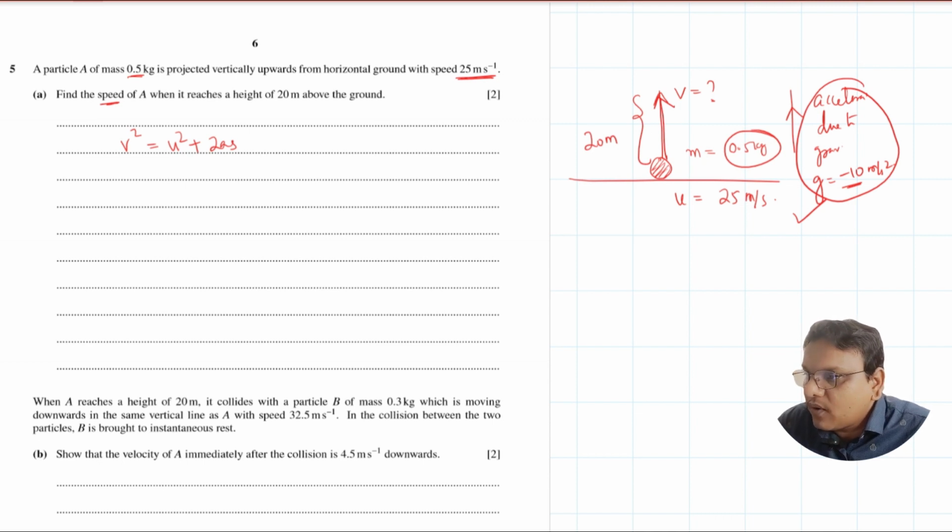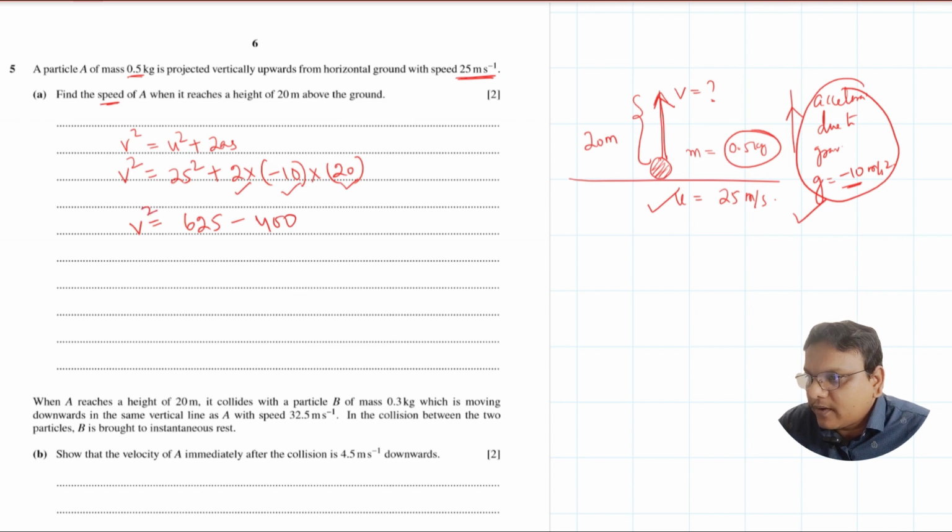So v square is equal to u square plus 2as. So v square is equal to, u is given 25 meter per second, it's 25 square, plus 2 times, as I told you, a is negative 10 meter per second square and distance is given 20 meter, right? So please try to put the value in the calculator. You will get 25 square is 625, minus, if you multiply 2 times 10 times 20, you will get 400, right?